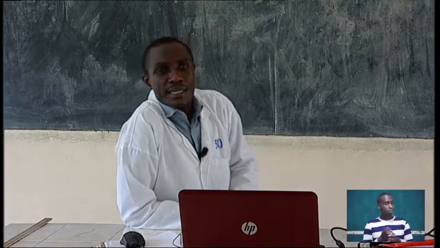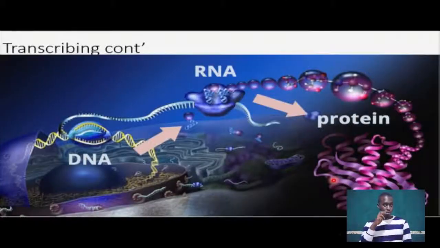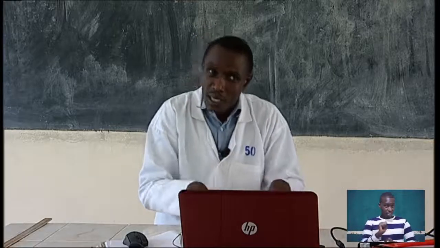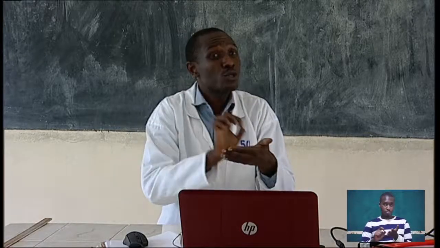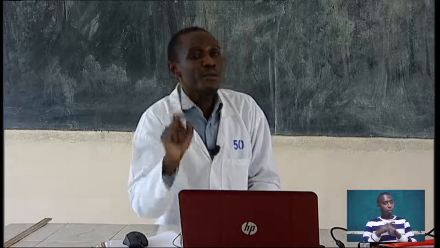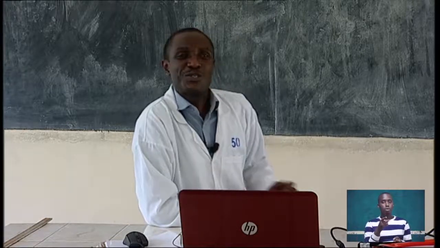Meaning that if we look at what we just mentioned, moving from the DNA to RNA, we are transcribing. Remember, we used an example of the blind, the visually impaired. They have their special keys, they have their special pens they use to write, but you cannot decode that message unless you know how to.